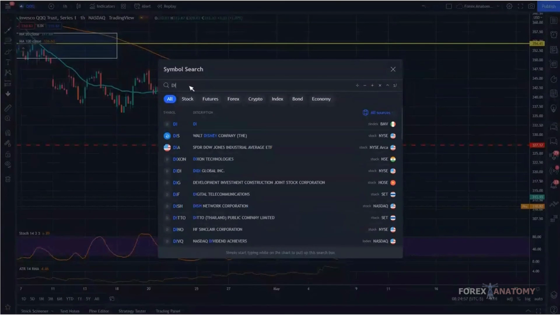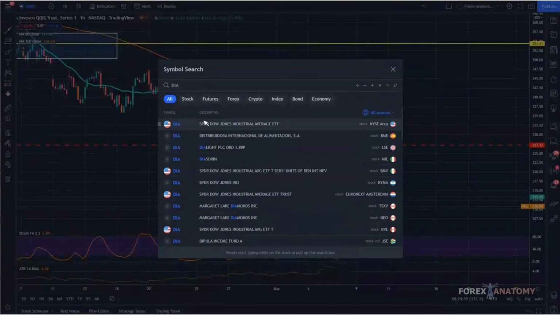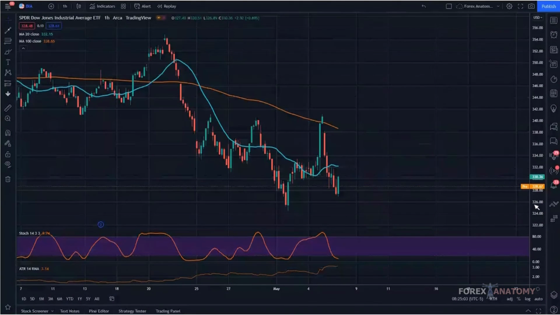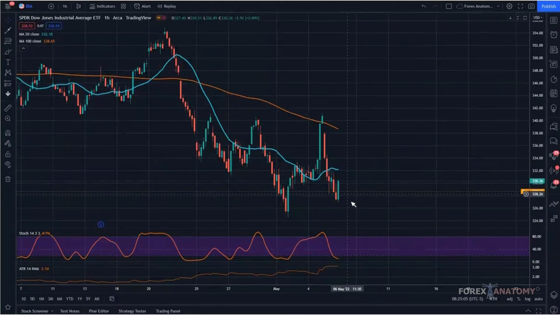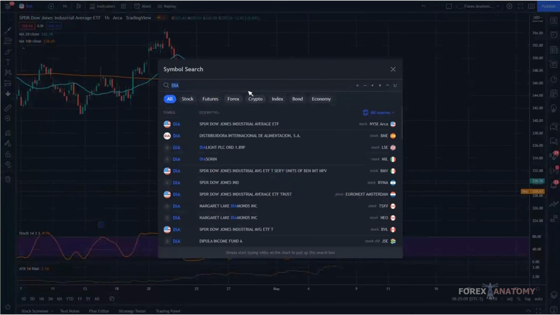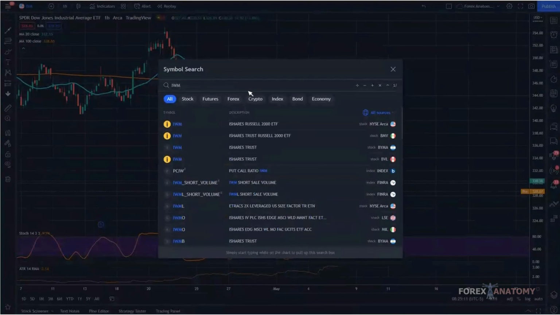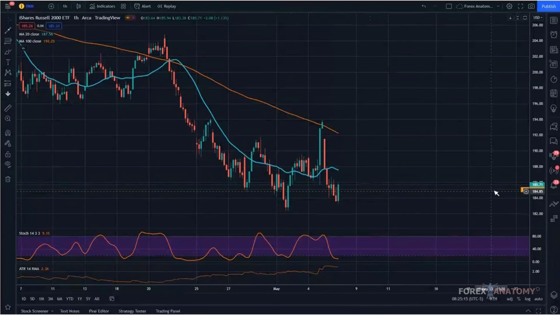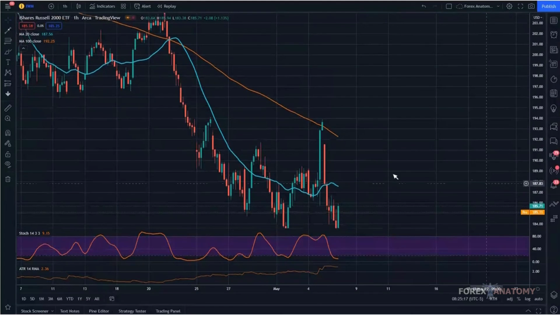But then let's go to Diamond. That's the ETF for the Dow Jones, and with Diamond, we can see that it has a gap lower as well. And I think the Russell is IWM. That shows the Russell ETF, and we're seeing the same thing with a gap lower.